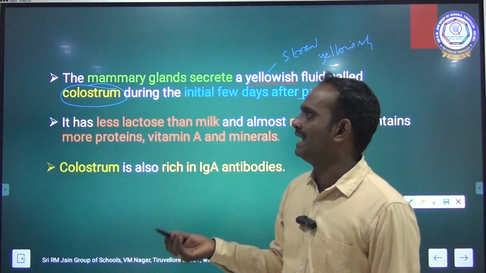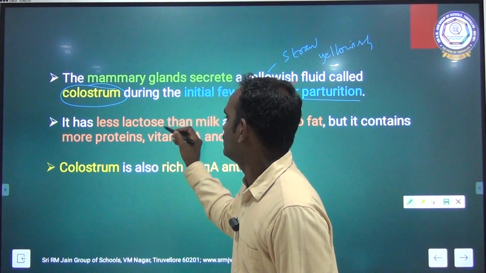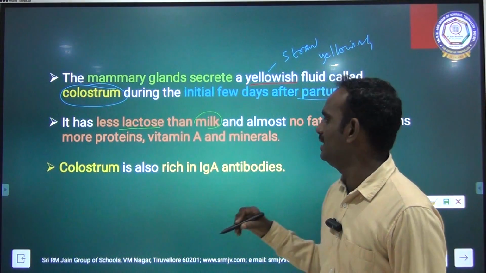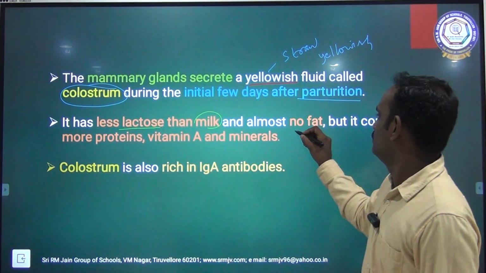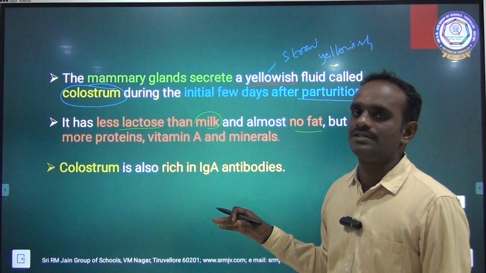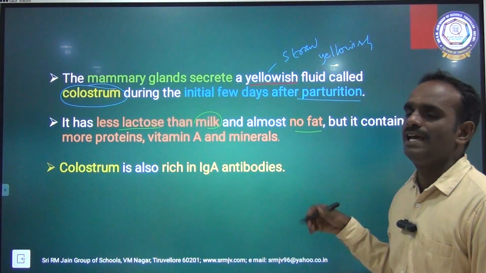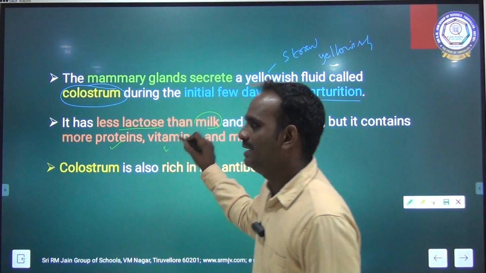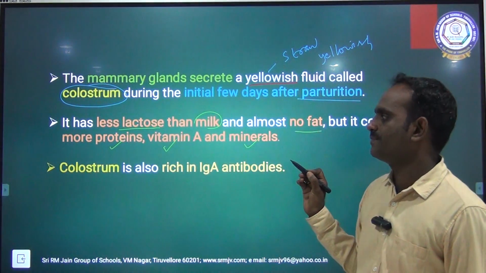This colostrum has less lactose than normal cow's milk, and almost no fat at all. But it contains a much larger amount of proteins, vitamin A and minerals.